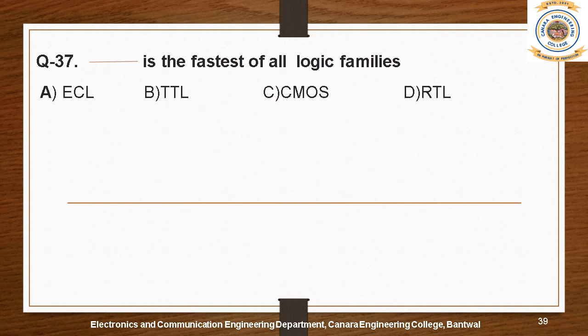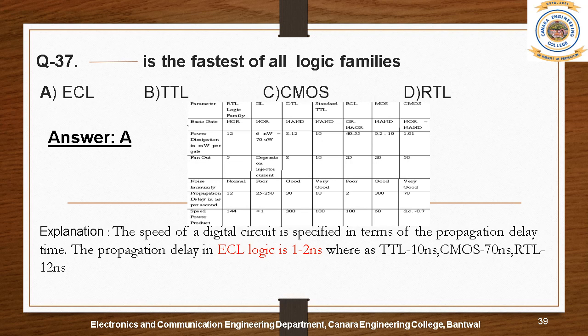It is the fastest of all logic families: ECL. Propagation delay of ECL logic is 1.2 nanoseconds. So it is very fast compared to TTL, CMOS, all these logics.